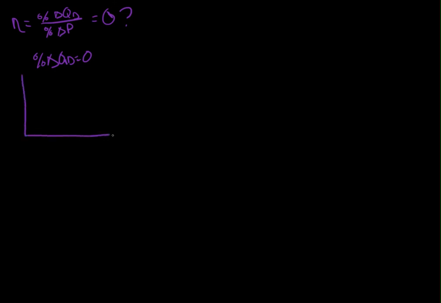Well, as usual, I have my price, my quantity, and I have a situation where the price can change, but the quantity demanded will not change. So I will have a demand curve that looks as such. And this demand curve here will be one of our first examples, a demand curve that we refer to as perfectly inelastic.